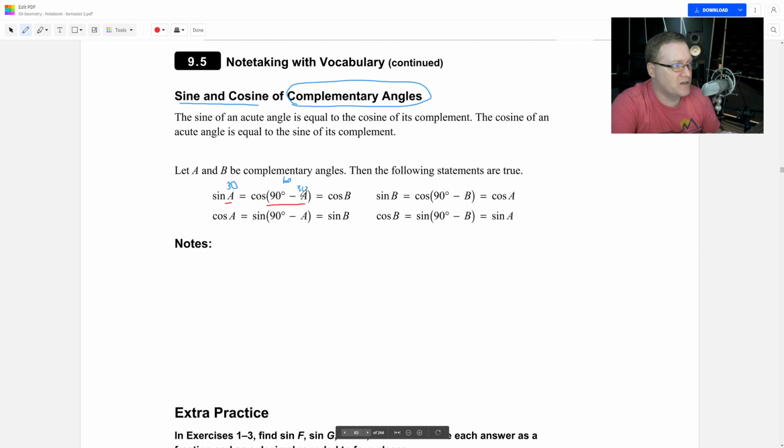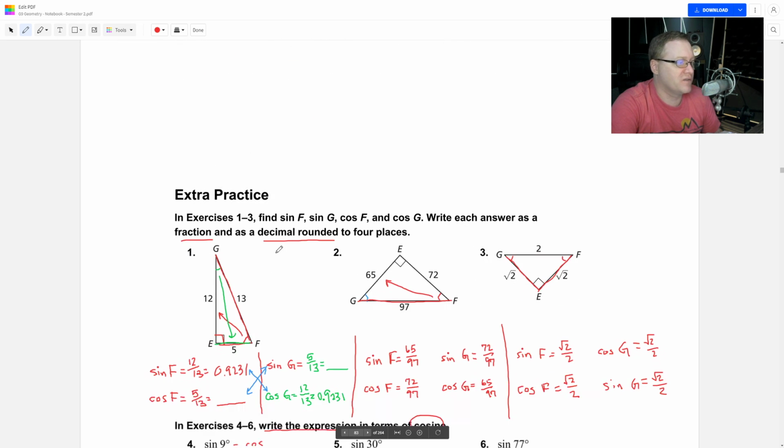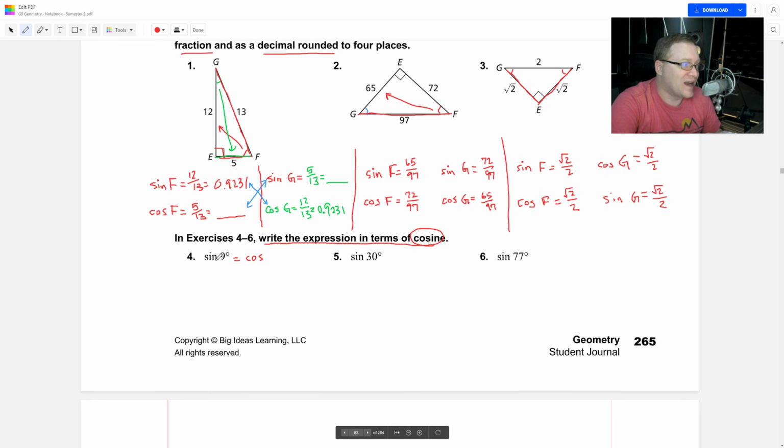So the cosine of 90 degrees minus this is going to equal the sine of that. So we can just use 90 degrees minus this. So what is 90 minus 9? 81. So the sine of 9 degrees equals the cosine of 81 degrees. Make sure you put a degree sign here. I will take off points on a quiz if you don't have a degree sign.